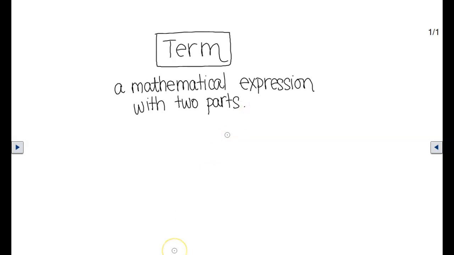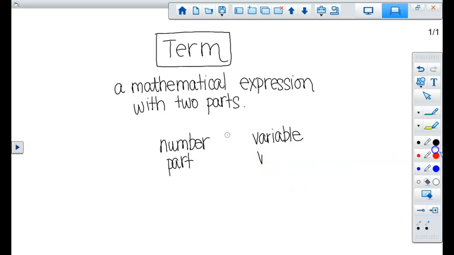So every term that we look at is going to contain two parts. The first part is a number part. So every term is going to have a number part. The second part is going to be a variable part.